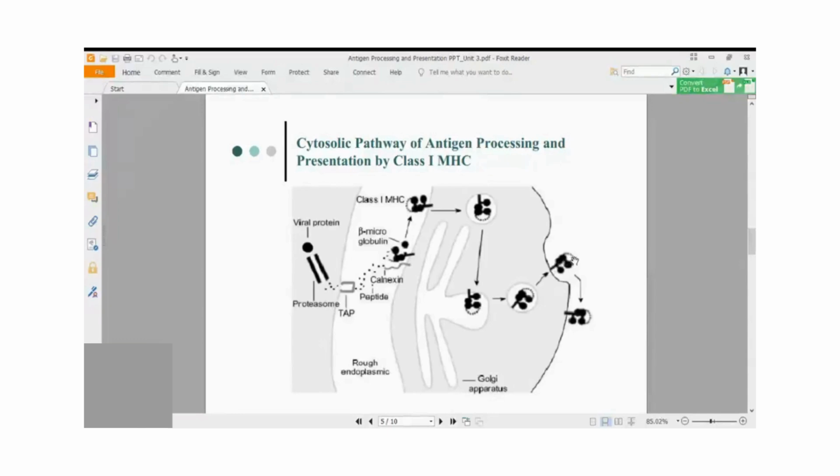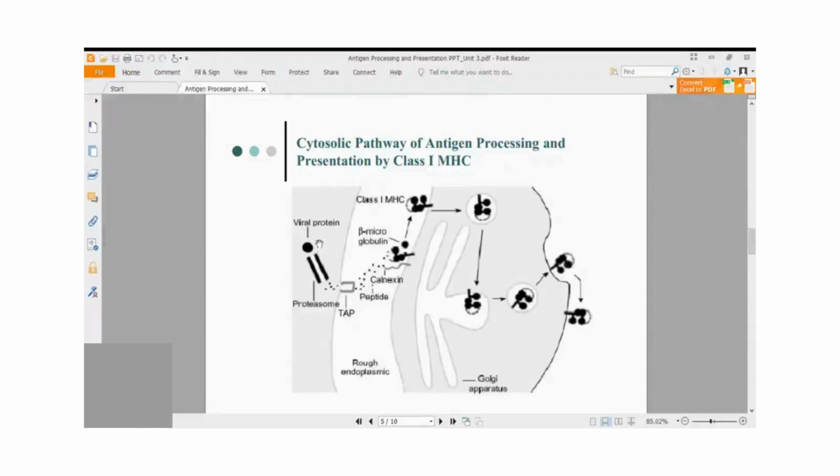It is going to be presented to CD8 T cells, which recognize the antigen presented on class 1 MHC, and they are restricted to class 1 MHC, and they get activated. Or it could be presented to NK cells. NK cells also recognize the antigen presented on class 1 MHC. That too, self antigen of viral or bacterial origin.